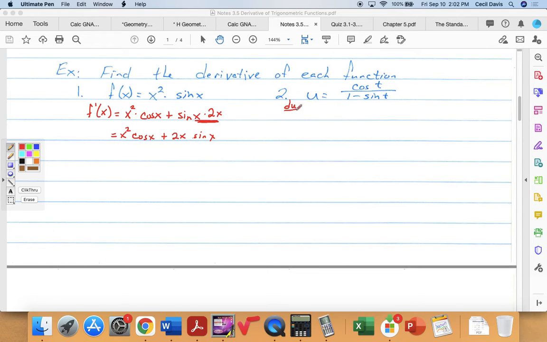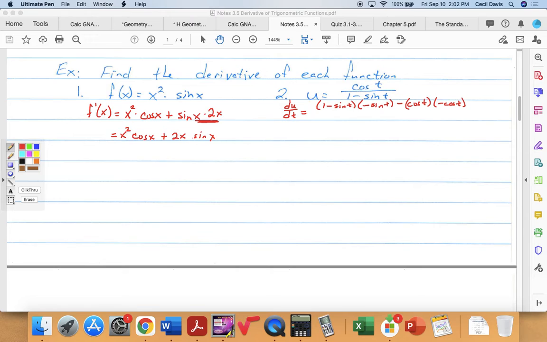So the derivative of u with respect to t is going to be the denominator, 1 minus sine of t, times the derivative of the numerator, the derivative of cosine is negative sine of t, minus the numerator, cosine of t, times the derivative of the denominator. What's the derivative of the denominator here? Negative cosine? Yep, negative cosine of t.